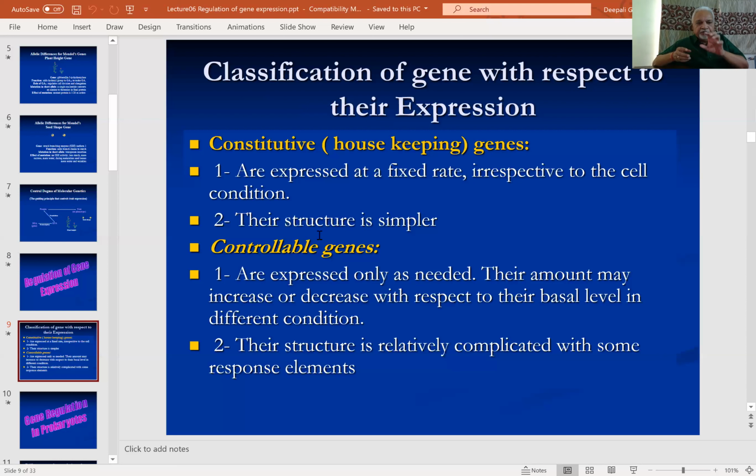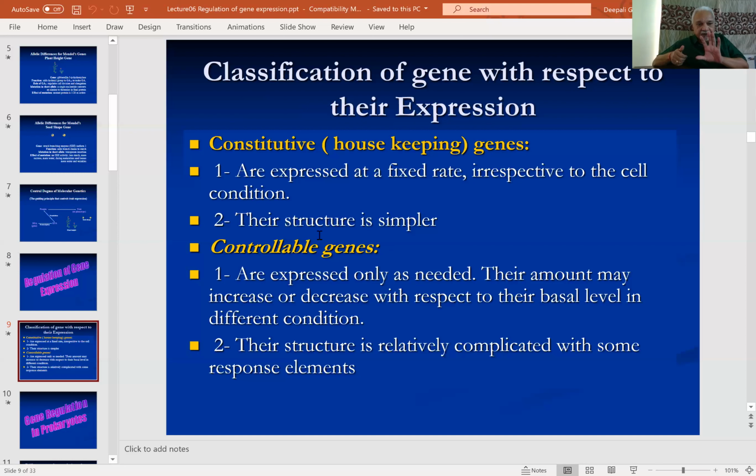Either a gene will start overexpressing itself, meaning the product will be more than the basal level activity, or the expression goes down, so that the product is made less. And the third is a gene which is not expressing at all in a cell starts expressing, or a gene which was expressing stops expressing.